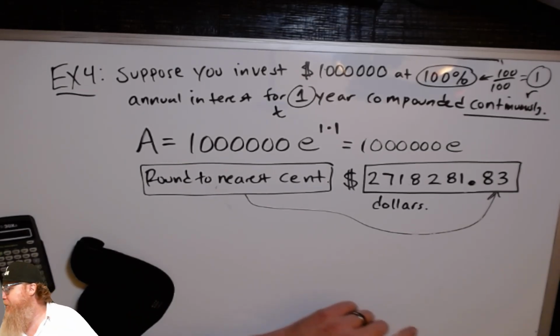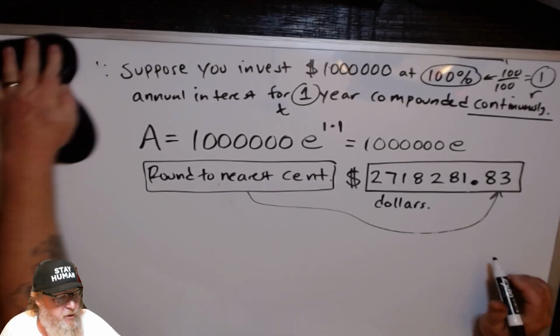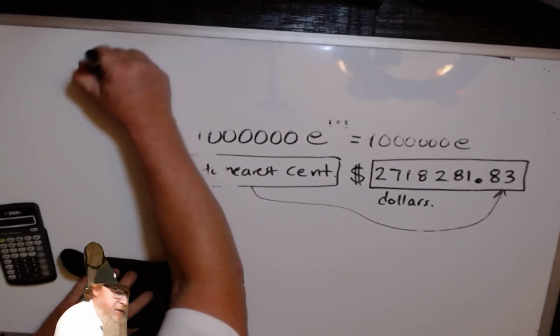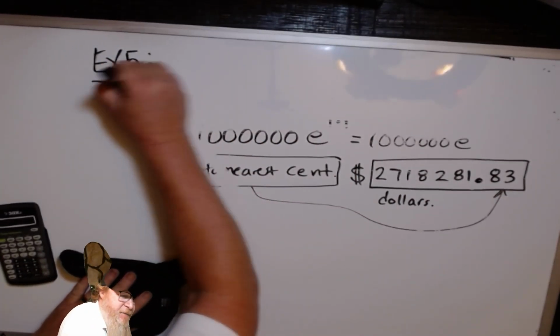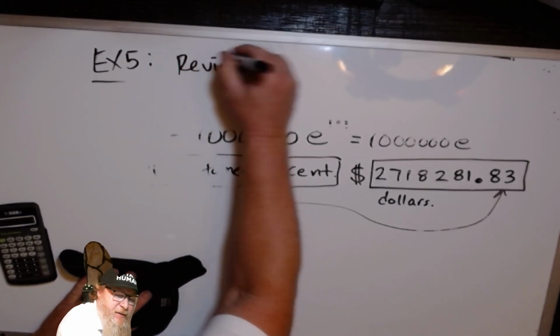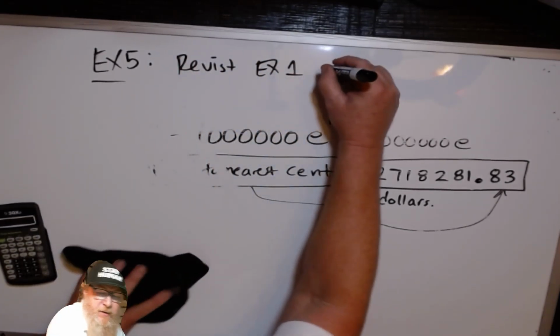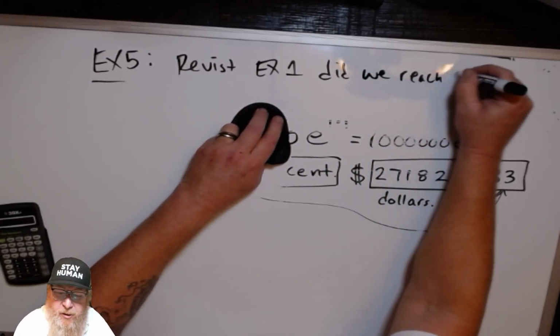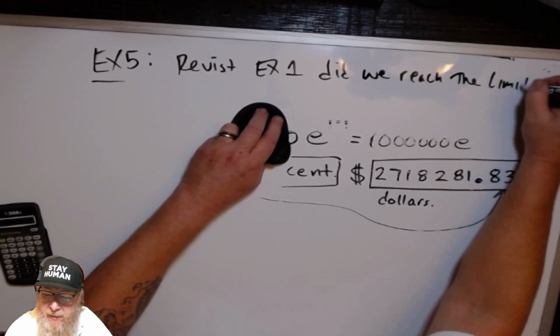All right, well, moving right along, let's go back and review example 1. So example 5 is a revisit of example 1.